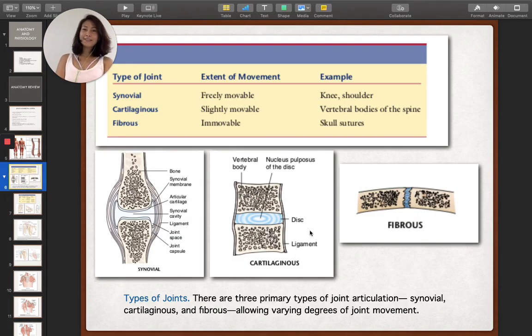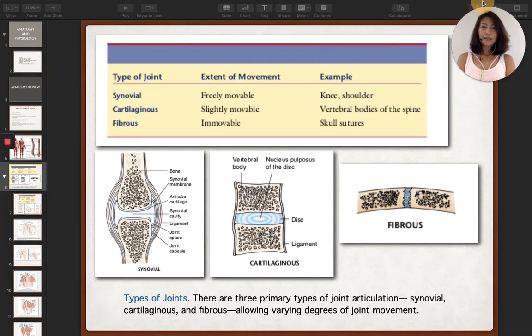Yay! Right. Now let's look at the types of joints. We have many types of joints, and the most common joints that we will look at and talk about are called synovial joints, cartilaginous joints, and fibrous joints.